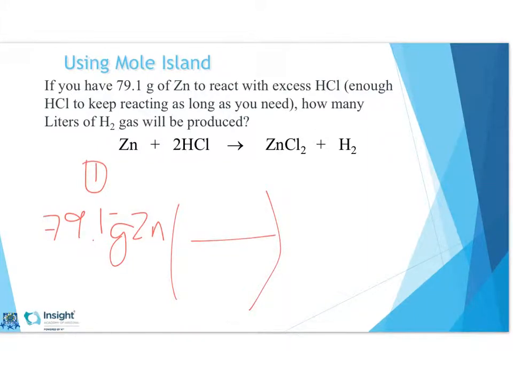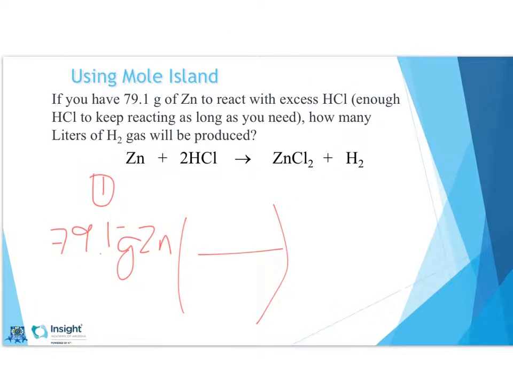So this is where having a periodic table handy is going to be useful. I need to zoom mine in a little bit because I can't read it. So zinc has a mass of 65 grams. Where am I going to put that to appropriately cancel things out? Hopefully you're seeing on the bottom.